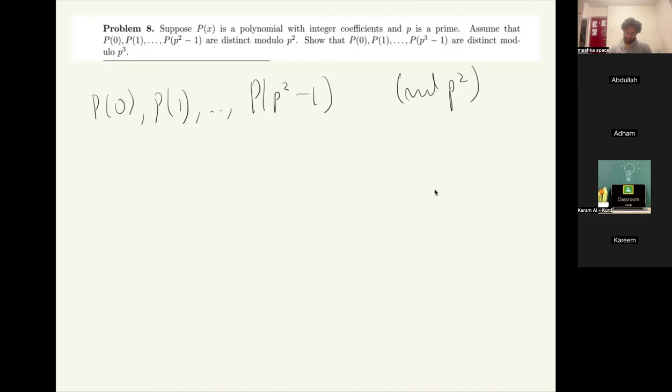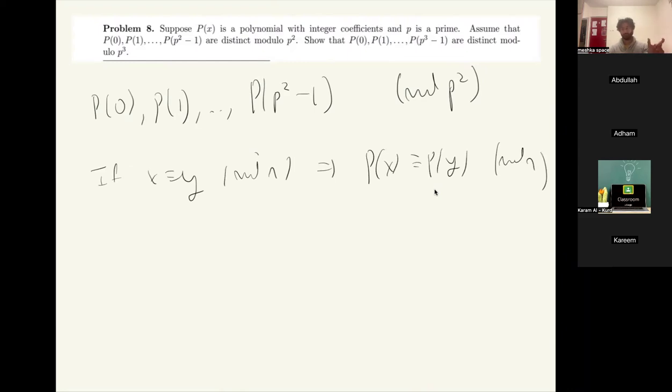If X is congruent to Y mod N, then P of X is congruent to P of Y mod N. This is for any integer polynomial, because P is just taking powers and sums, and both of those you can do mod N. So the values of the polynomial repeat every P squared mod P squared, and you see every single residue class exactly once. So it's a very nice statement.